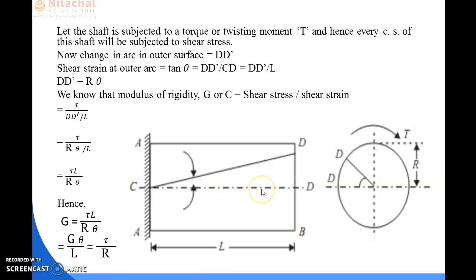Okay. And now we have to consider the circular section of the shaft. You can see this is the cross section of the shaft.